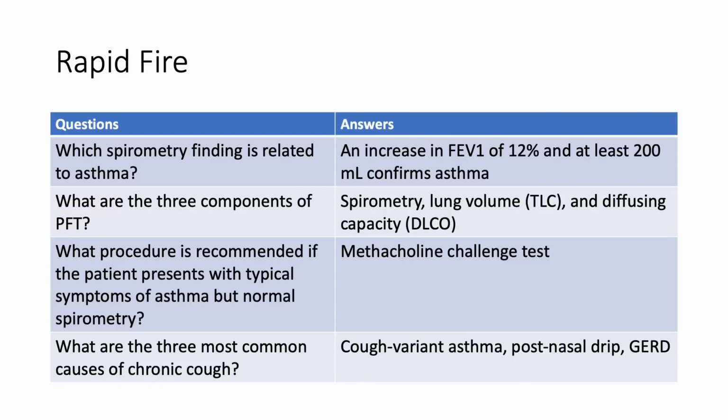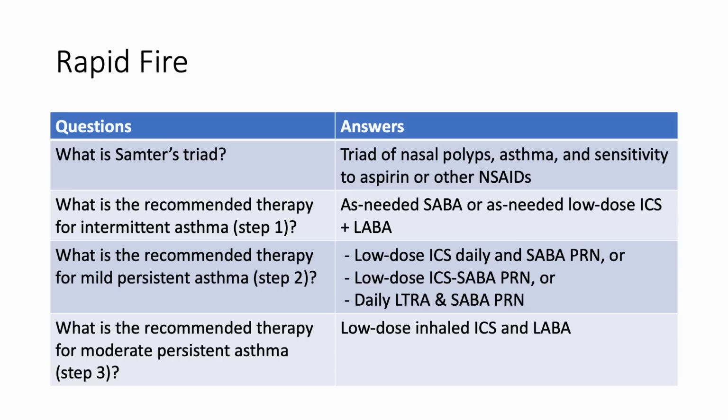Spirometry, lung volume, and diffusing capacity. What procedure is recommended if the patient presents with typical symptoms of asthma but normal spirometry? Methacholine challenge testing. What are the three most common causes of chronic cough? Cough variant asthma, post-nasal drip, and GERD.